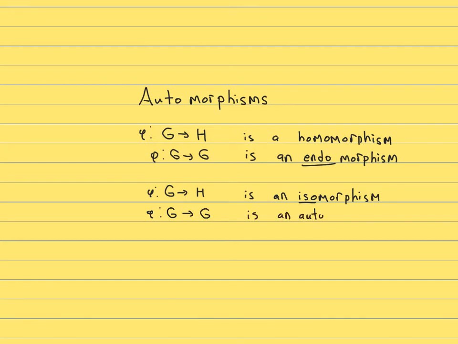We call it an automorphism. So an automorphism is just an isomorphism where the domain and the codomain are actually the same group. So of course that means that phi of g times h is phi of g times phi of h, and phi is a bijection.